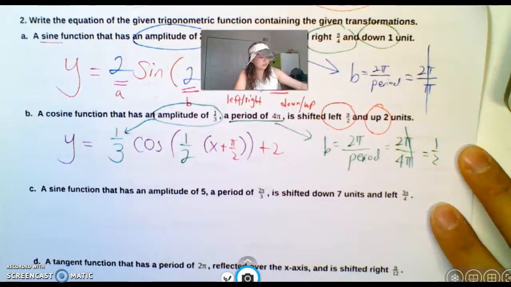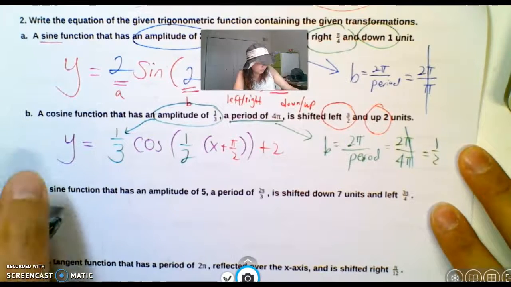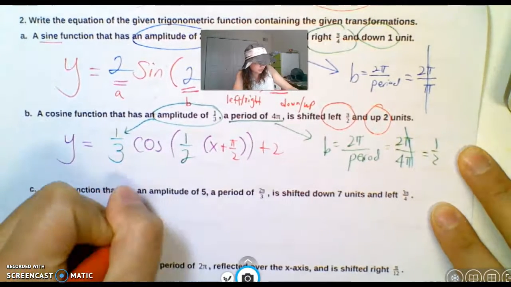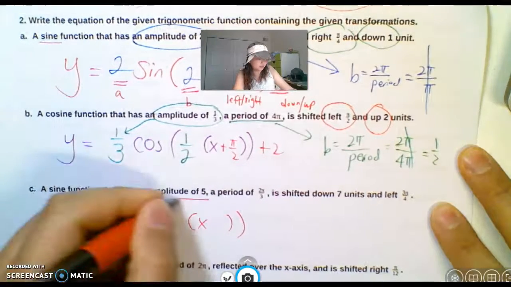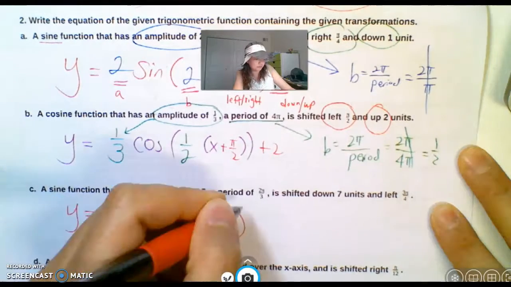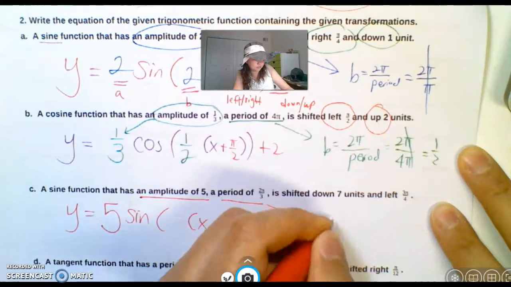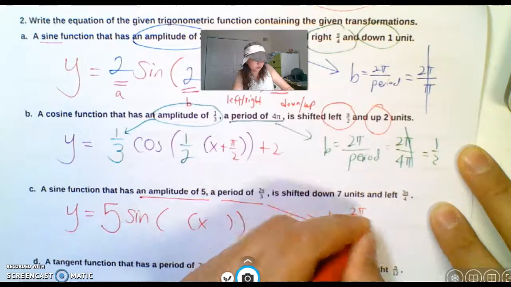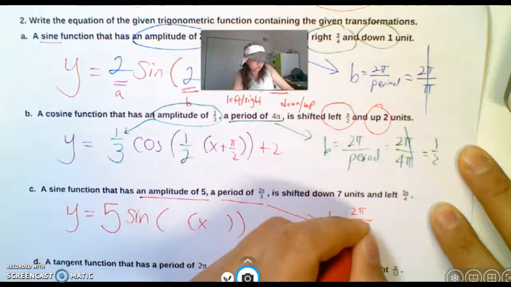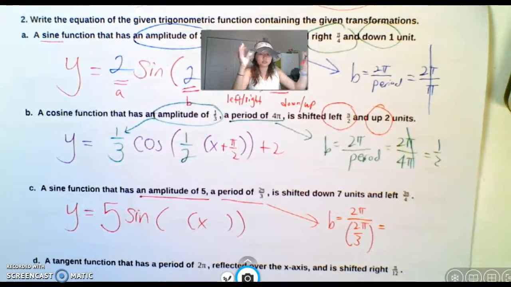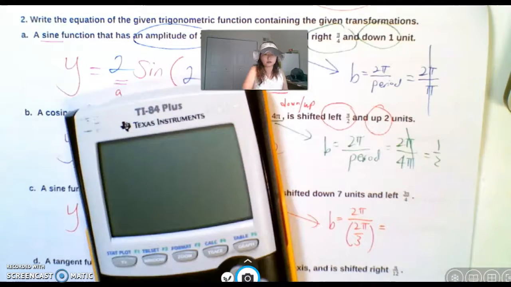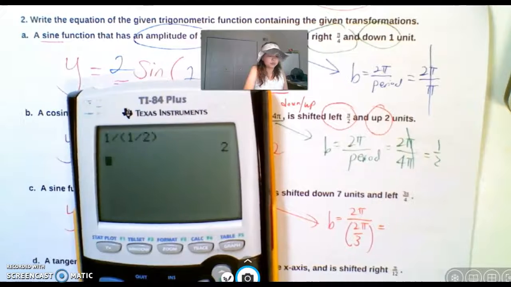C. Okay, y equals sine, like that. Amplitude of 5 goes right here. Period of 2 pi over 3, so b equals 2 pi over 2/3. Alert, alert. We need to make sure we put parentheses around there. So 2 pi divided by 2 pi over 3, like this, okay?